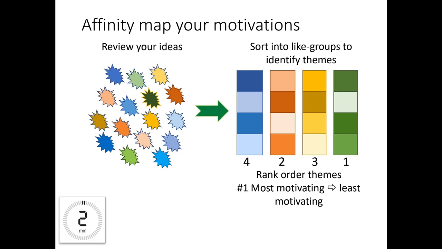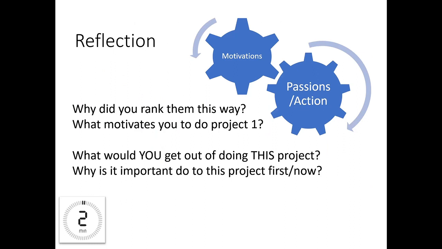So wrap that up or put this on pause, and we'll go to the last step of this process, which is stepping back and taking a look at your free writes. First, the whole range of things that you picked, and then your motivations. And now put those two things together and think about all your passions and your motivations.